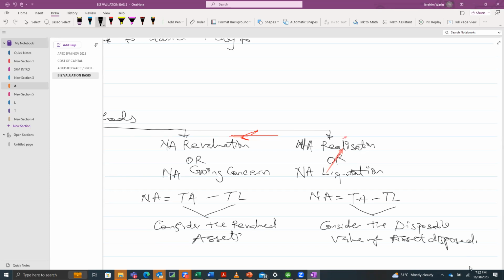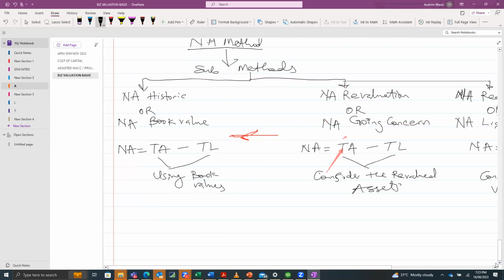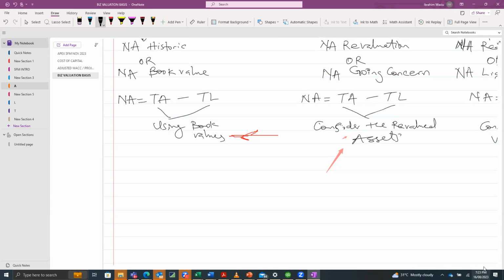Are we clear? Are we together? So that's that, for net asset method.